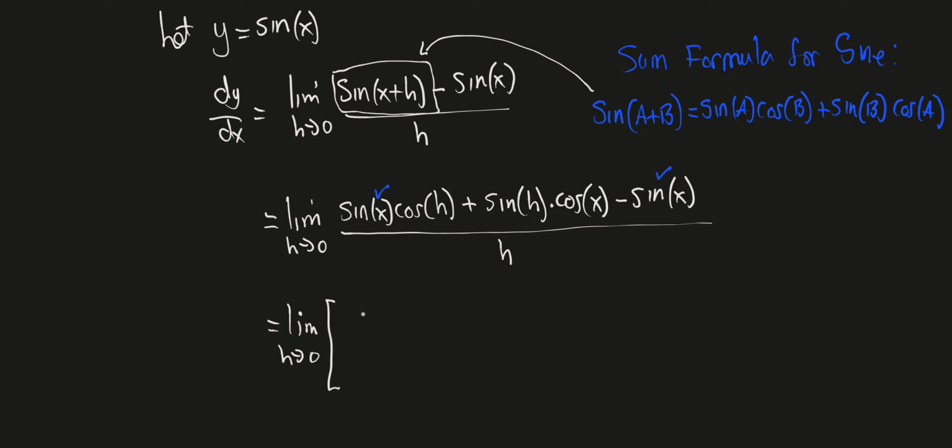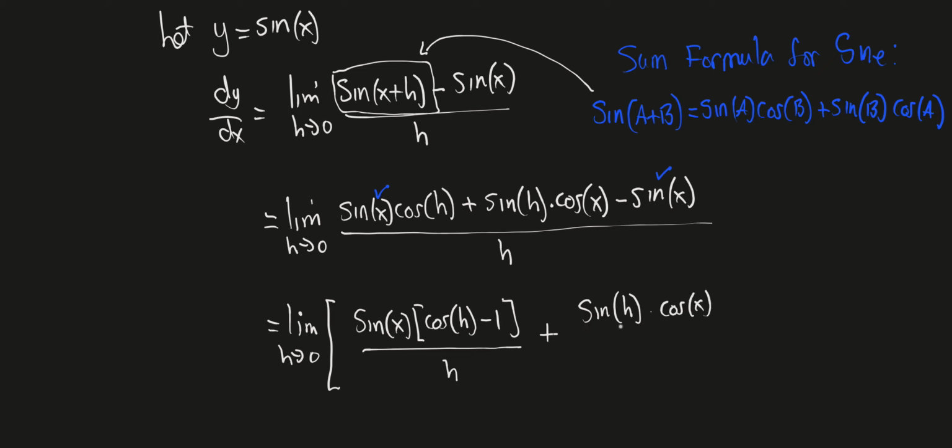So the sine of x, I can factor that out, and then I'll have the cosine of h minus 1, like that, and then that's all over h. That takes care of these two. And then I still have this one in the middle, so I'll write that as a separate fraction, and that will be the sine of h times the cosine of x all over h, right?